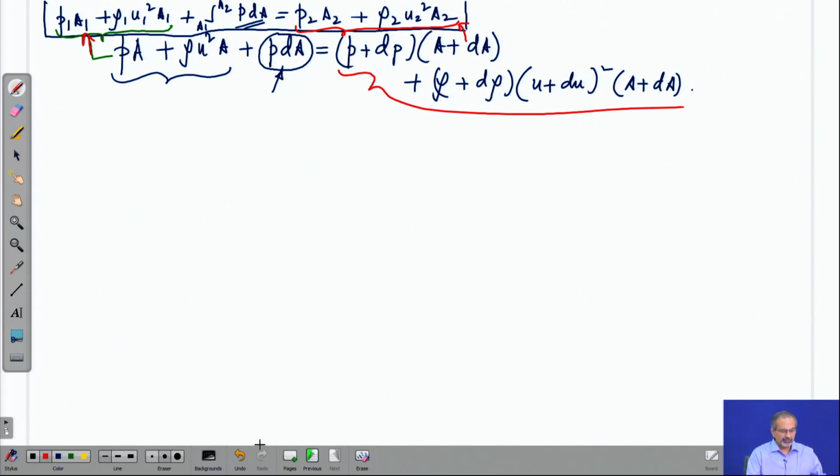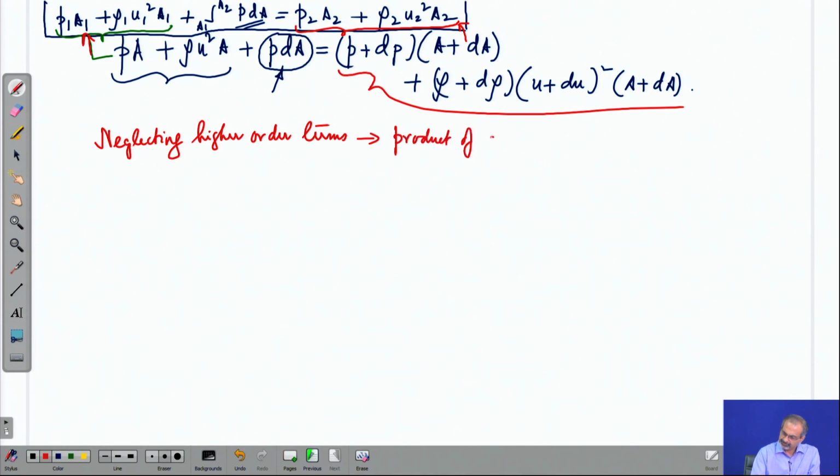Okay. So, once we are done with that, let us try to simplify. We would do a simplification in the sense that we neglect higher order terms, higher order in the sense product of differentials.